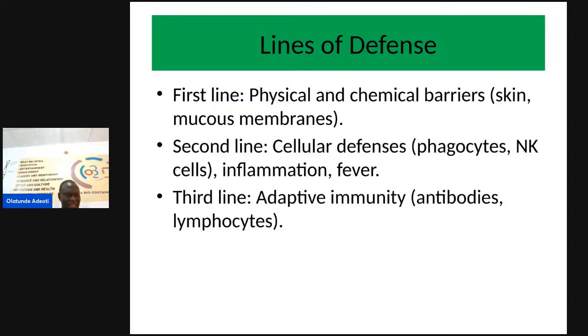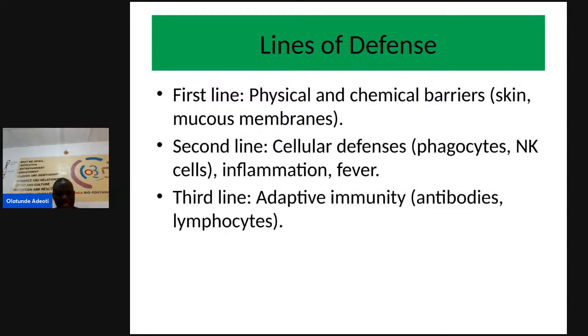You will see that before anything gets into the human body, the foreign body is first going to come in contact with this physical barrier, which is in the form of skin. So it is when the foreign body is able to compromise the skin that it gets further. There are a lot of functions that our skin does in fighting against infection.